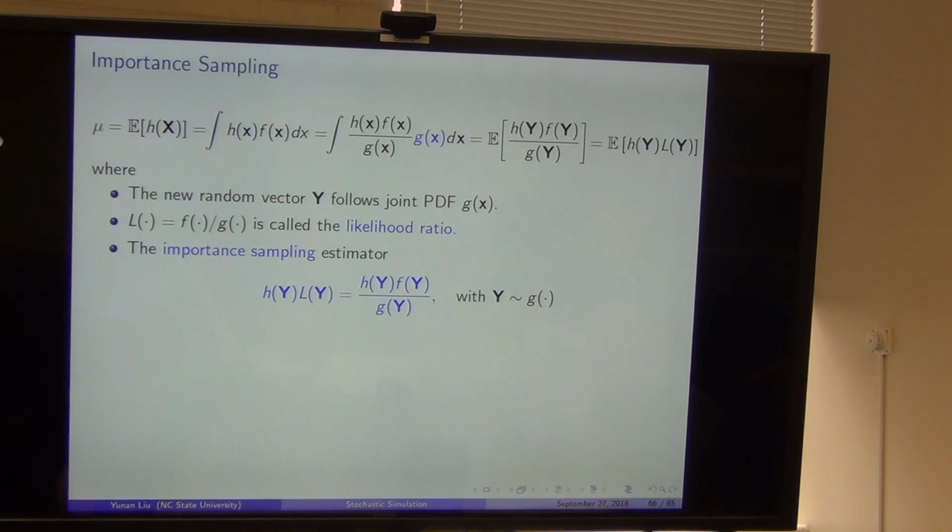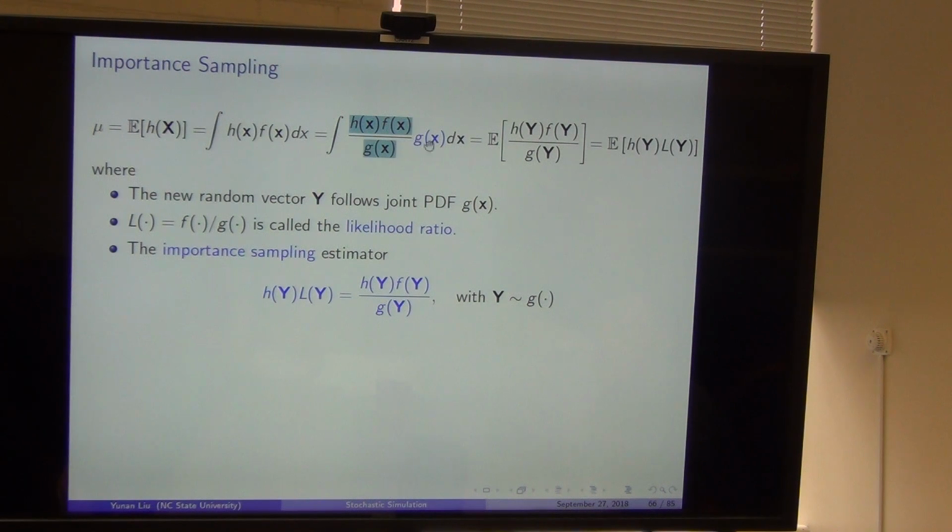So let me repeat that. Initially we have this mu equals E[h(X)] that is given by this formula, where X has the PDF given by f. We divide by g, we multiply by g, we regard g as a new density, and this term as our new h function, call that h tilde if you wish.